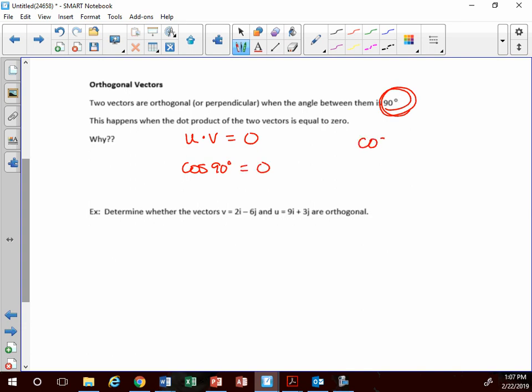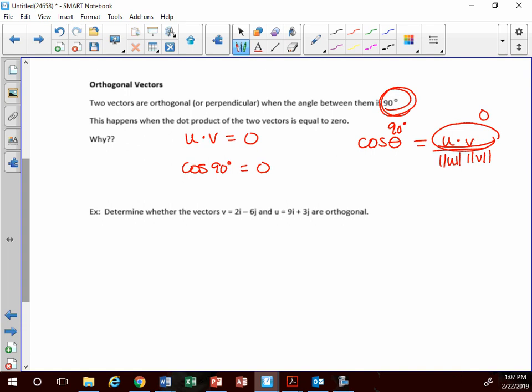And if you think about your formula, cosine theta equals u dot v over magnitude of u, magnitude of v. The only way that this works is if your numerator there is equal to 0, and that happens with cosine of 90 degrees, which is the angle we're looking at. Again, you're not going to have to go into all of that on this.